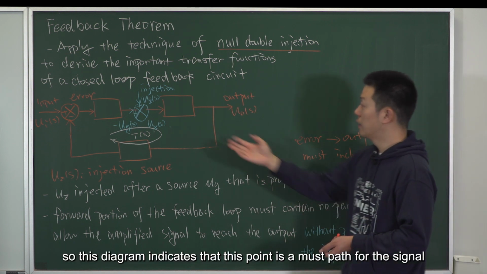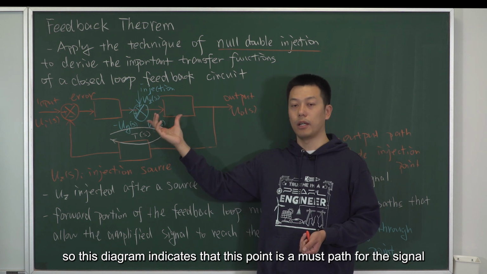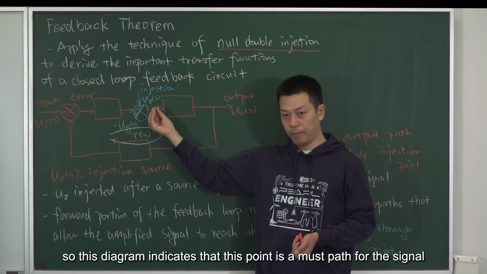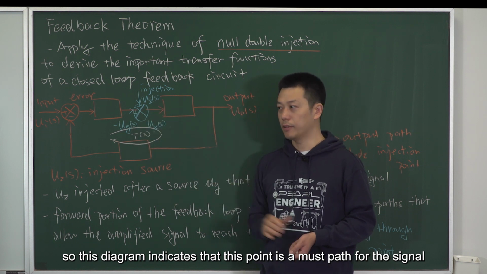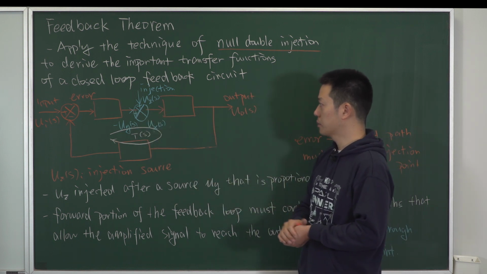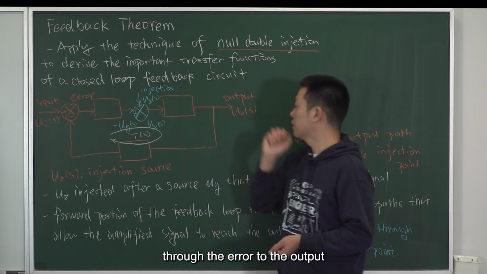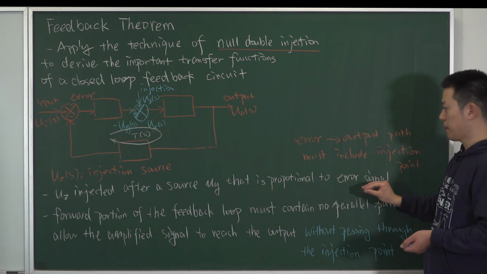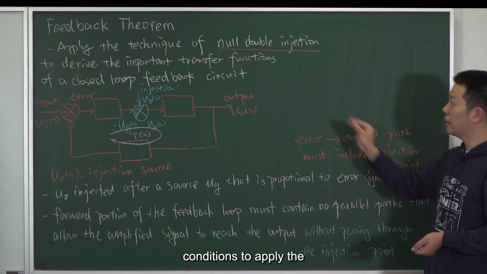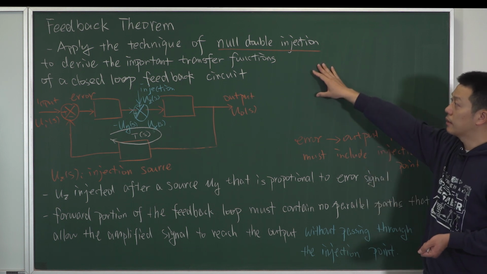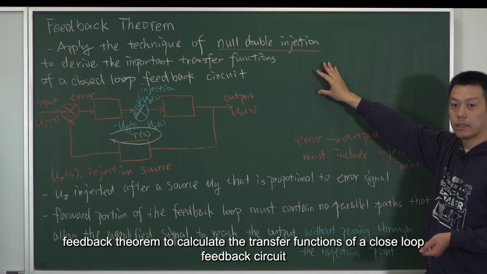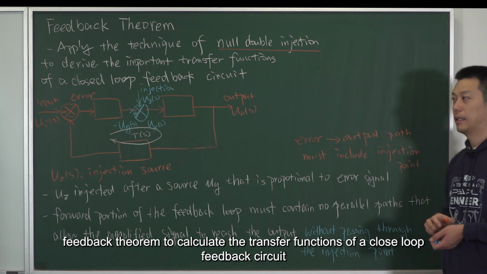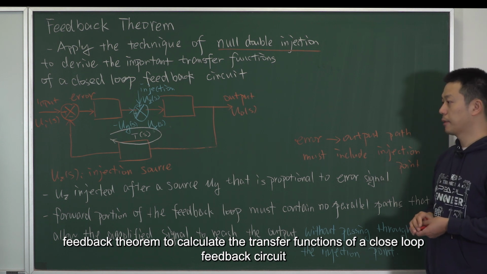As this diagram indicates, this point is a must-pass point for the signal through the error to the output. So those are the two conditions to apply the feedback theorem to calculate the transfer functions of a closed loop feedback circuit.